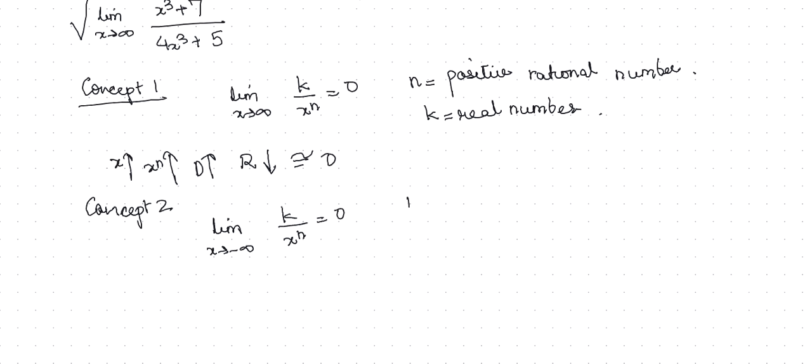Here n is a positive rational number and k is any real number.